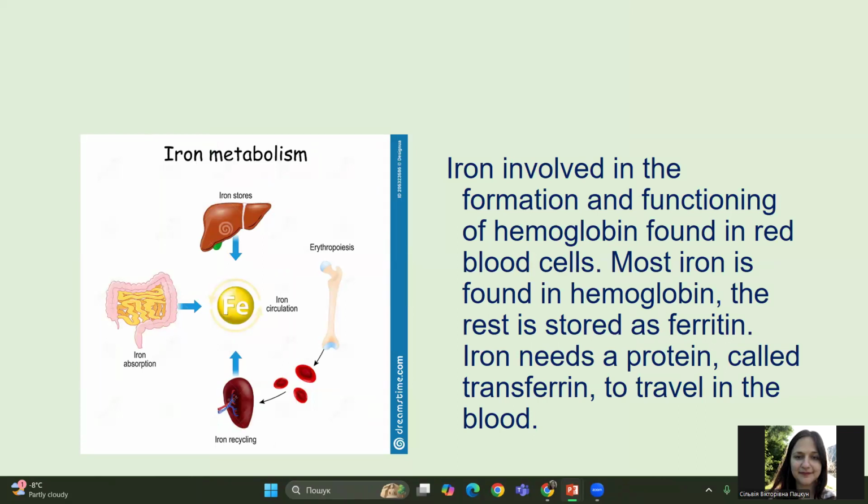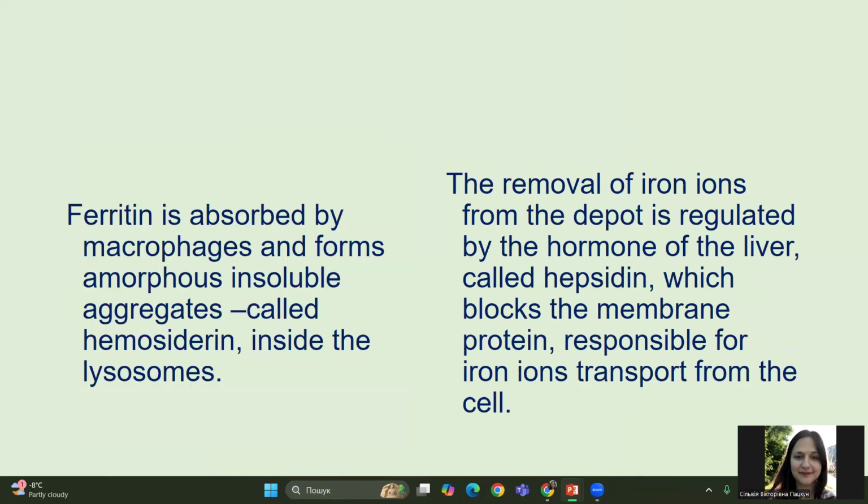Iron is an important component of hemoglobin. Iron is involved in the formation and functioning of it. Most iron is found in hemoglobin, the rest is stored as ferritin. Iron needs a protein called transferrin to travel in the blood. Ferritin is absorbed by macrophages and forms amorphous insoluble aggregates called hemosiderin inside the lysosomes.